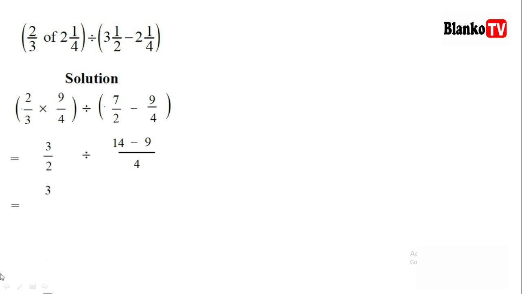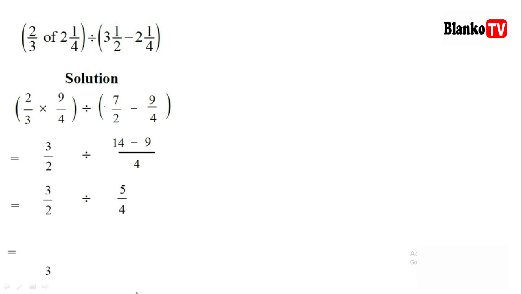So we have 3 over 2 divided by, when you subtract 14 minus 9, we'll get 5 all over 4. I hope you are following.